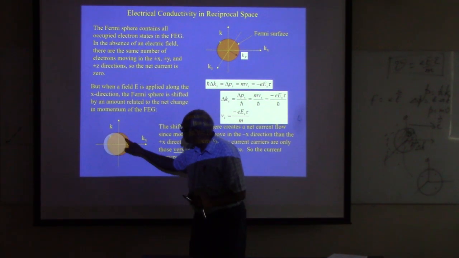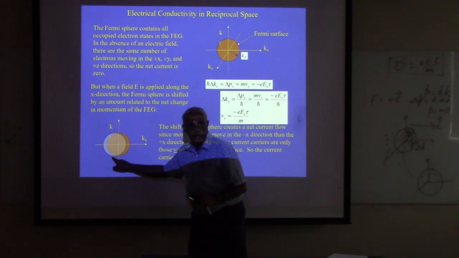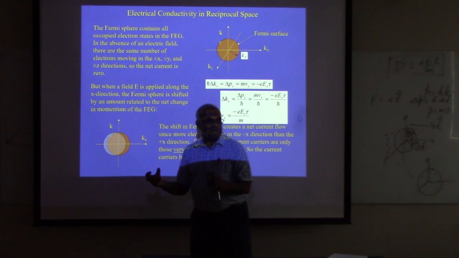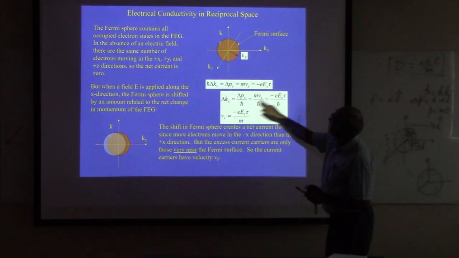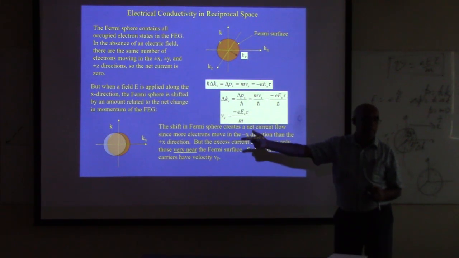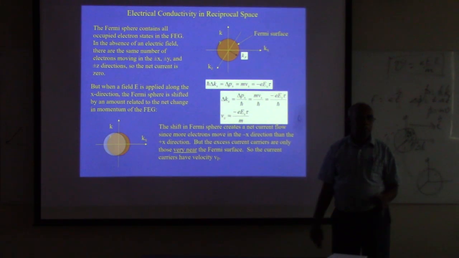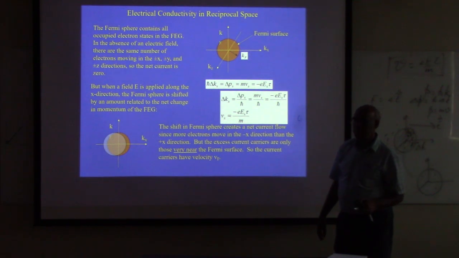But how about this small non-overlap region? That Δk can contribute to the current. That's the picture in the k space.